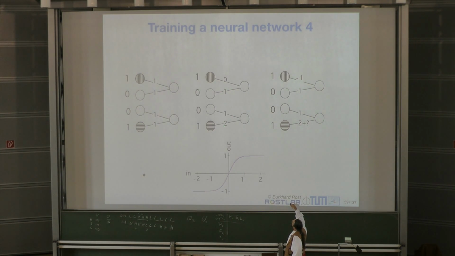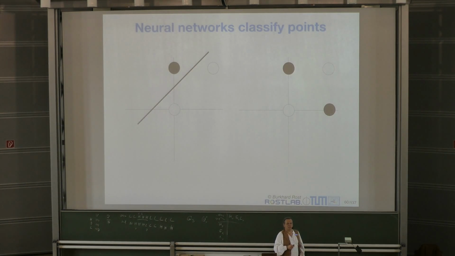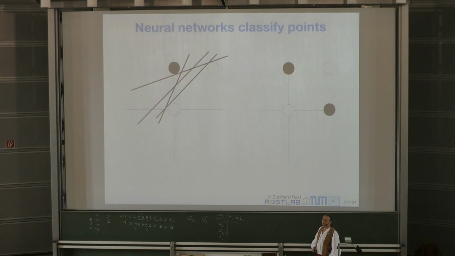My time is running out to really go through this example. But what this example shows is how you, in the next step, change the junction, how that corrects, how that changes the error you make, how that induces a new change of your junction, and you do that stepwise. Okay? When you do that stepwise, then ultimately you can classify these points by lines.